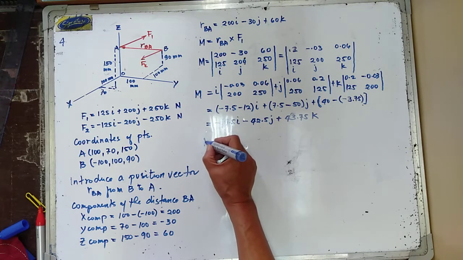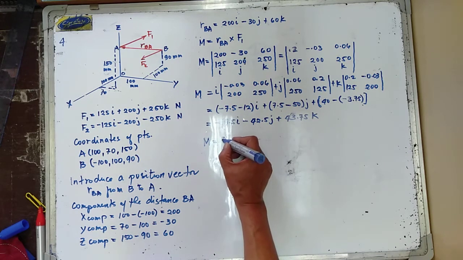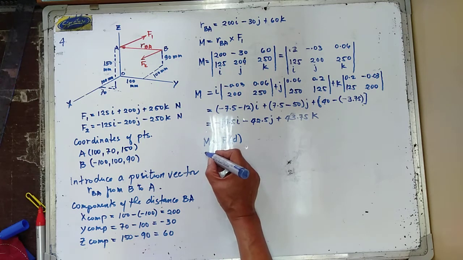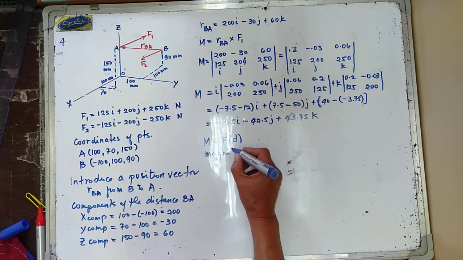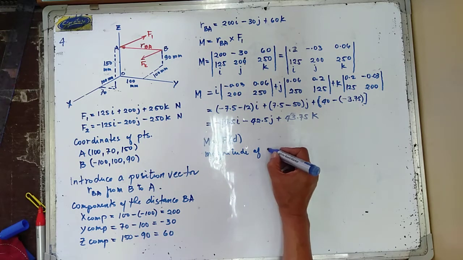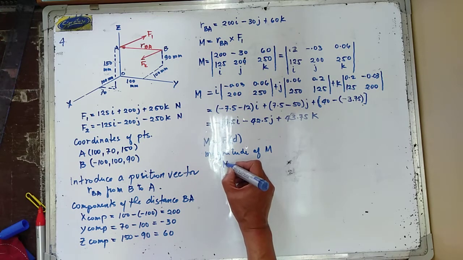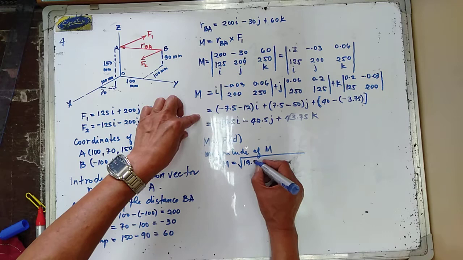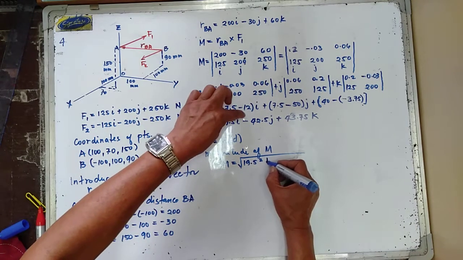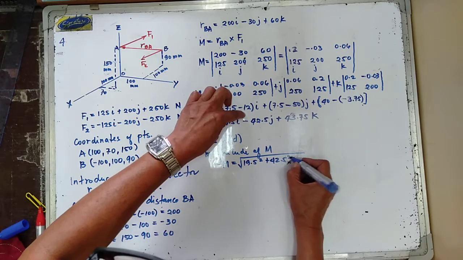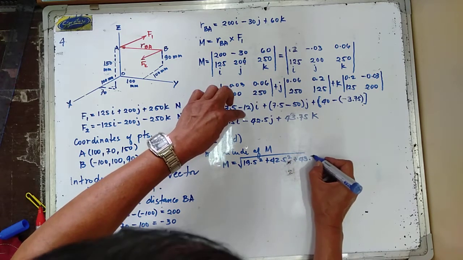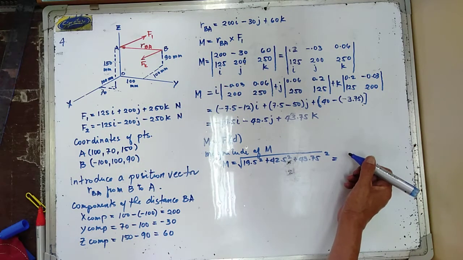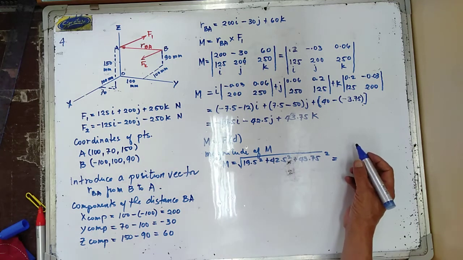M is equal to F multiplied by D. So let us get now the magnitude of M. The magnitude of M is equal to the square root of 19.5 squared plus 42.5 squared plus 43.75 squared. And this is therefore equal to 64036.